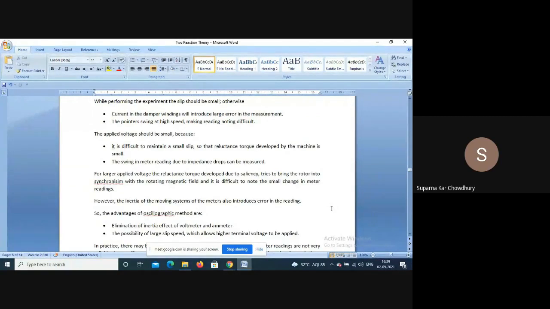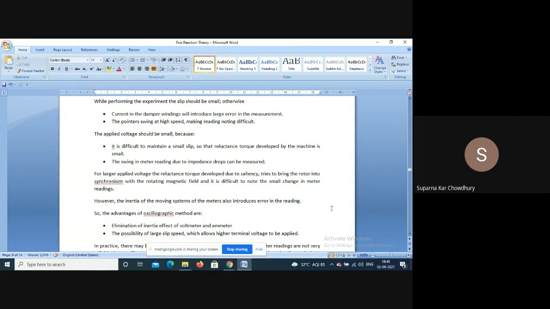Now there are certain things. One is that during the performing of the experiment, the slip should be small, because actually this is a salient pole machine. So on the pole surface we will have damper winding.